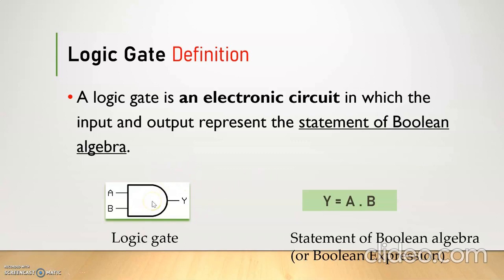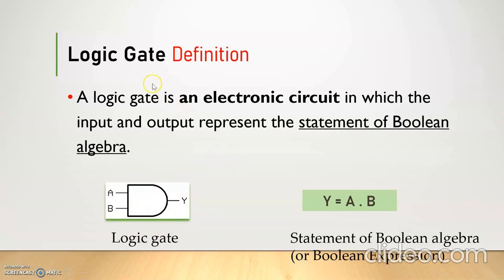We draw logic gate AND like this. A and B equals to Y. So this logic gate actually represents a statement of Boolean algebra, which can also be understood as a Boolean expression. Y equals A and B. This is a Boolean expression, which is represented by a logic gate like this.